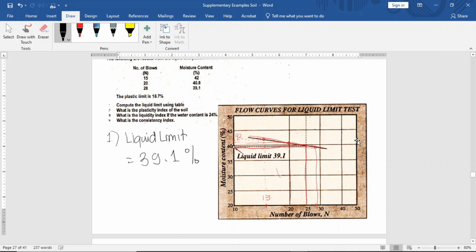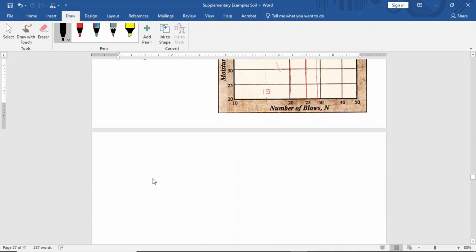Next is the plasticity index. Plasticity index, PI, is equal to LL minus PL. We already have LL, which is 39.1.